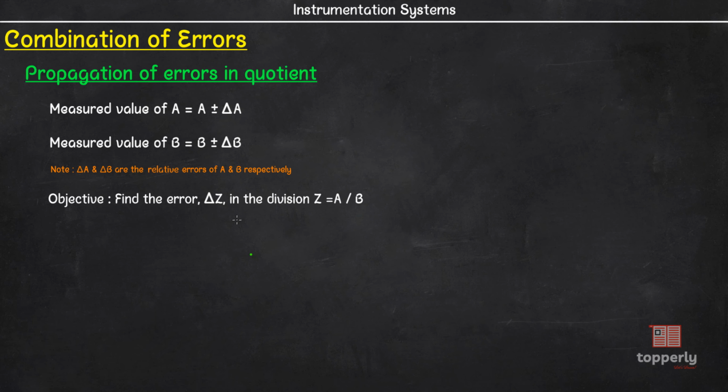Here also, the measured value of A is A plus or minus delta A, and the measured value of B is B plus or minus delta B, where delta A and delta B are the relative errors of A and B respectively.